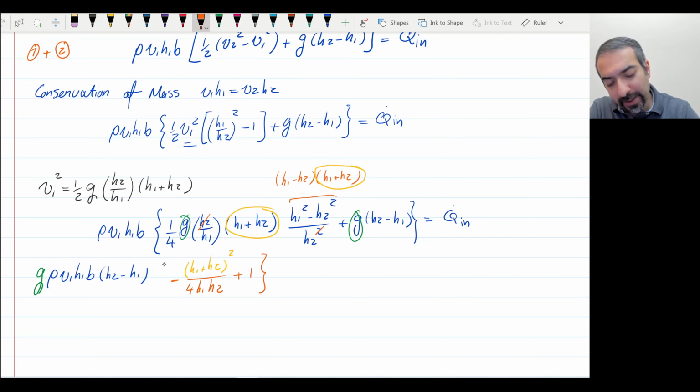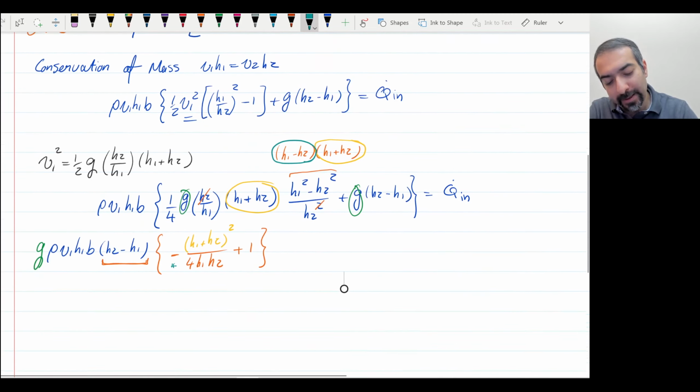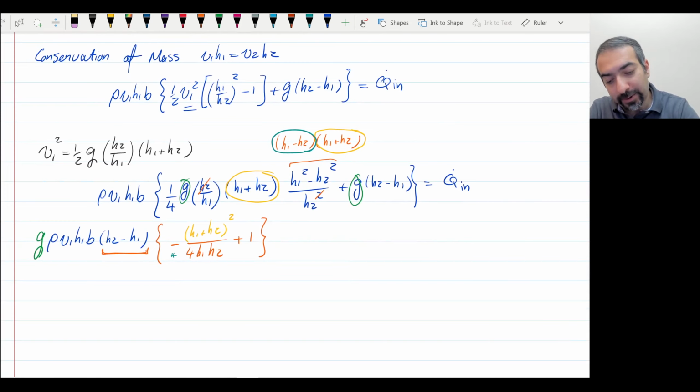The reason I have a minus here is I'm taking out (h2 minus h1), but the first term has (h1 minus h2). So if I factor out (h2 minus h1), I have to leave a minus sign that appears here. All right, and that's it. I think all terms have been taken care of. That's Q dot in.